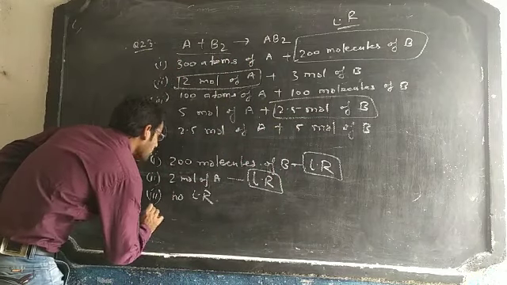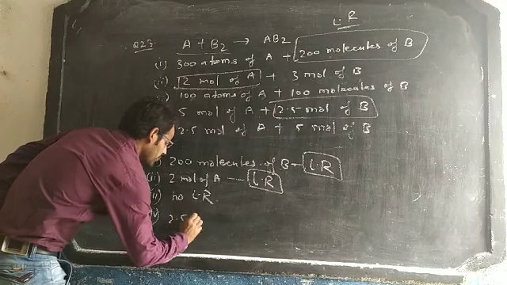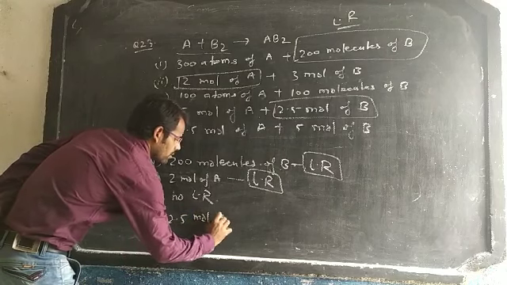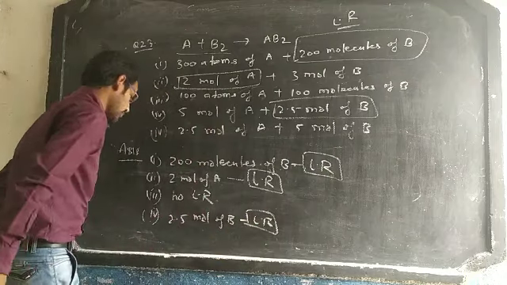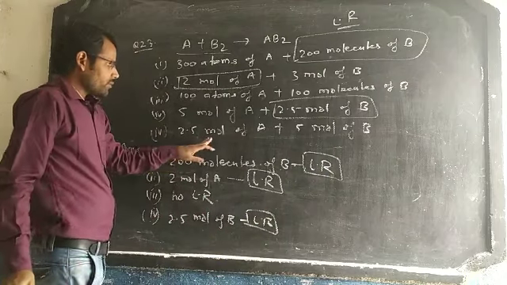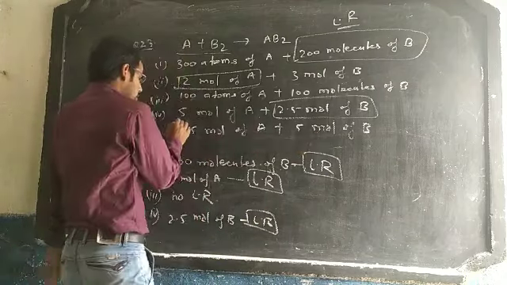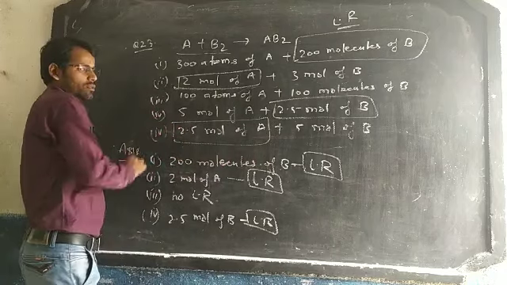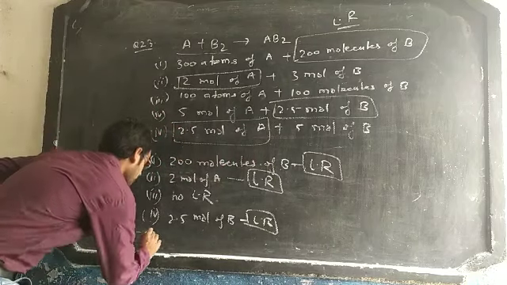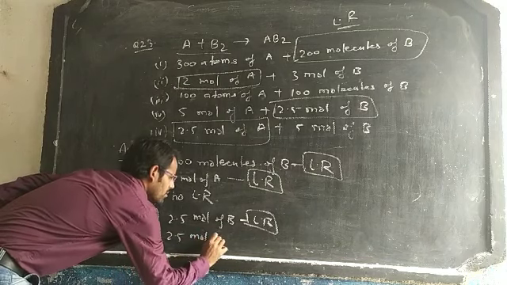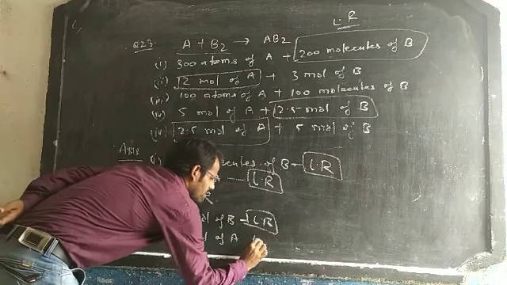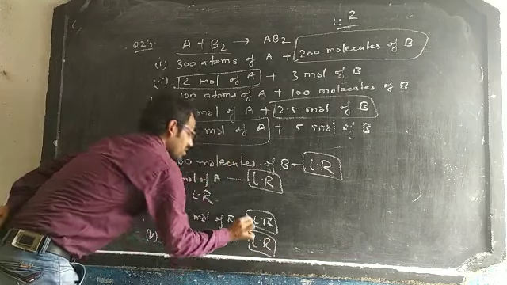Now the last one, 2.5 moles of A and 5 moles of B. Here the 2.5 moles of A is the limiting reagent.